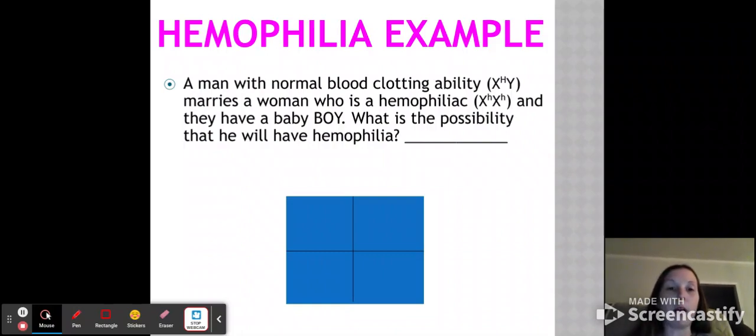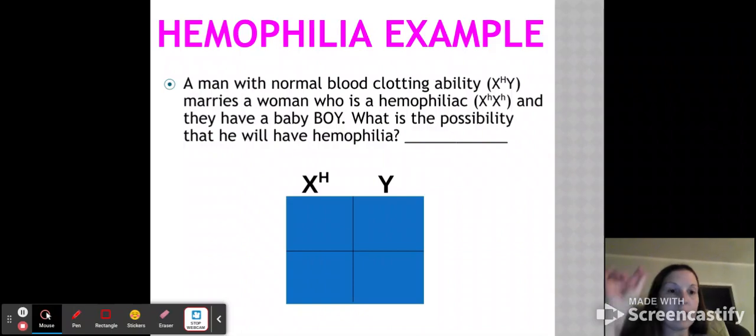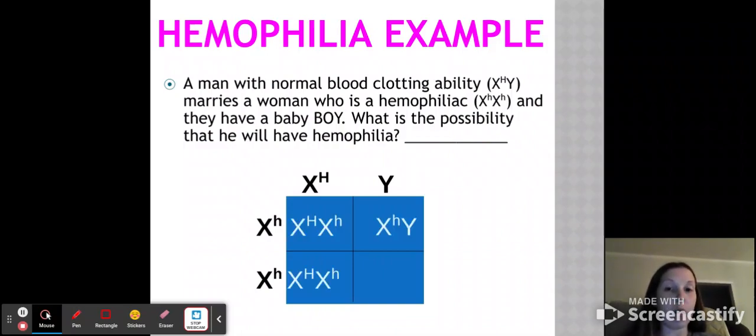So a man with normal blood clotting ability, as you can see his expression there, marries a woman who is hemophiliac. So she only has lowercase h's, and they are having a baby boy. What is the possibility that he will have hemophilia? So here's how you write these, because usually you only have one letter up there. You have to split these up as X and X or X and Y with the trait written as the exponent. So we've got the male on top and the female on the side. And then you just fill this in like a normal block.